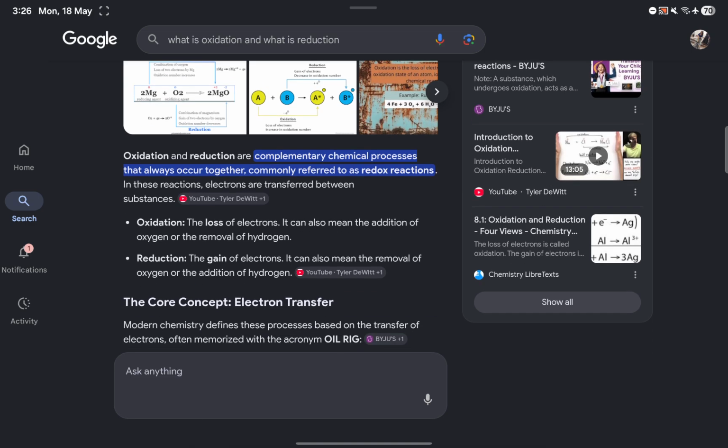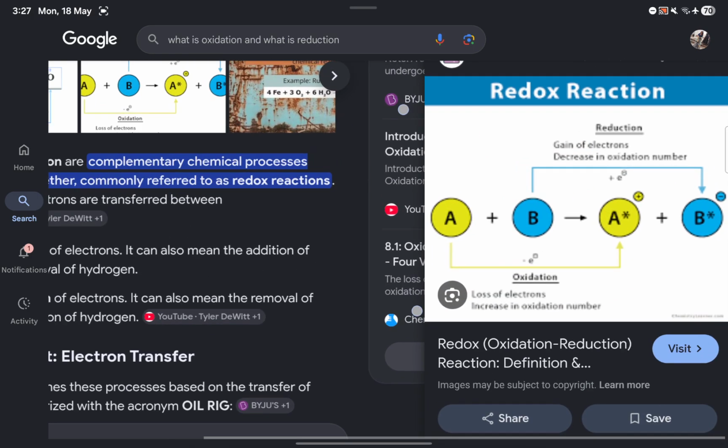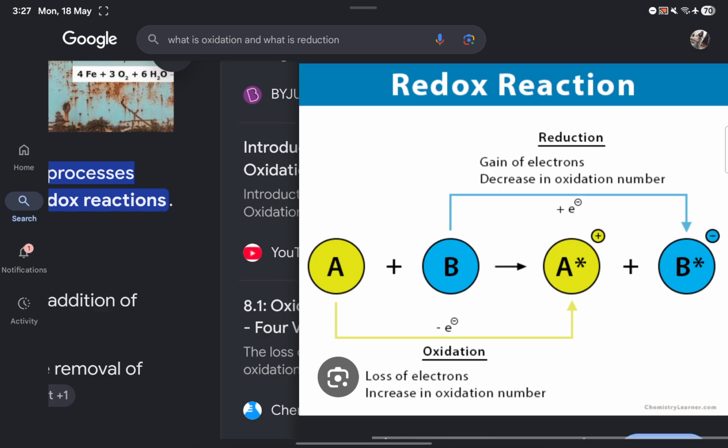Oxidation, loss of electrons, that means removal of hydrogen, and reduction is gain of electrons, that means removal of oxygen and gain of hydrogen. Wow. Let us see the structure. Loss of electron is gain of hydrogen.